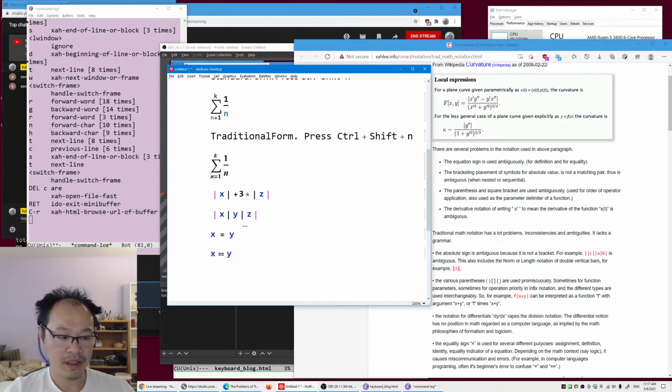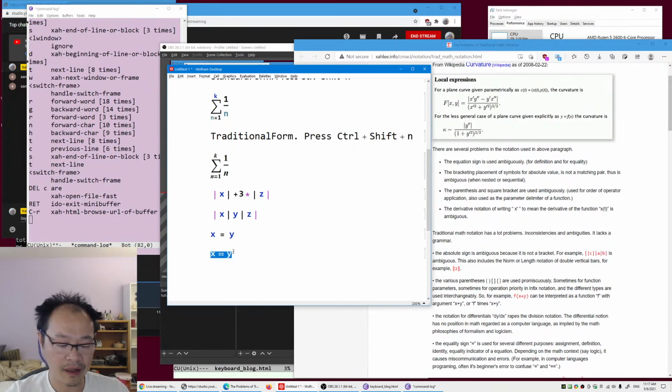So the equal sign in traditional math notation has multiple meanings. It can mean an assignment, that is, you assign the value y to the variable x. Or it can mean equality, a predicate, as it's called in logic.